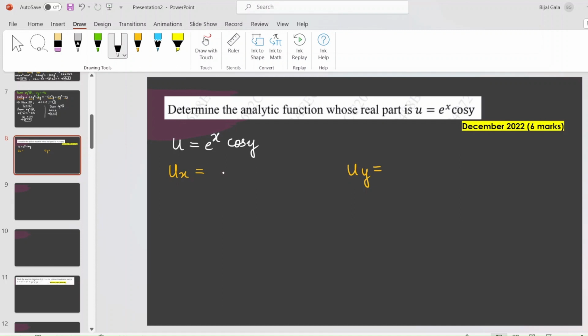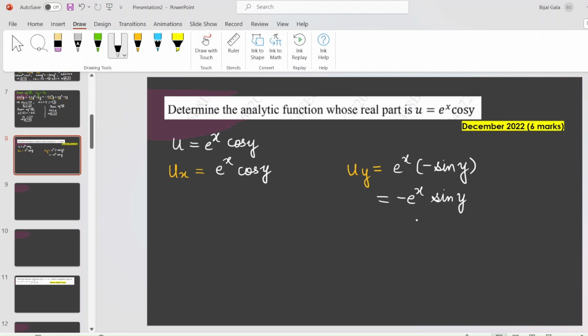While calculating uy, y will be the variable, everything else will be constant. So cos y is a constant and the derivative of e raised to x is e raised to x itself, so no change here. While calculating uy, e^x is a constant, and the derivative of cos y is negative sin y. So this becomes negative e raised to x sin y.